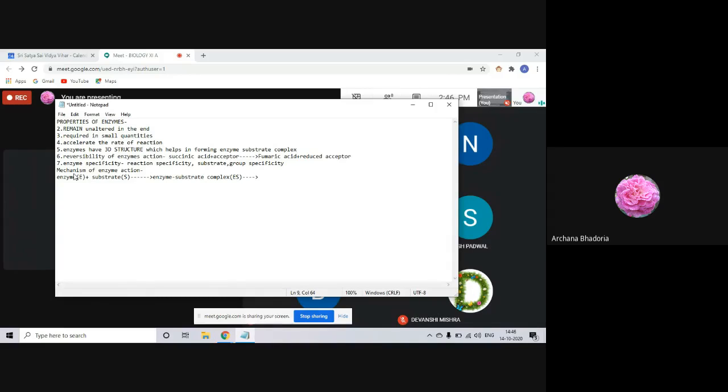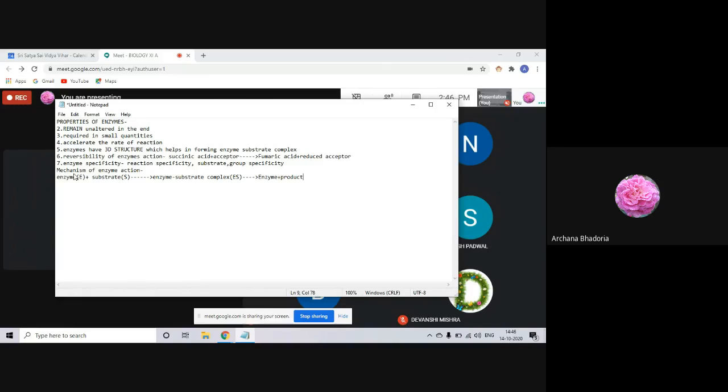then the reaction will occur, and that reaction will result in the formation of the enzyme. So at the end of the reaction, the enzyme will be regained, plus what will be obtained? The product.